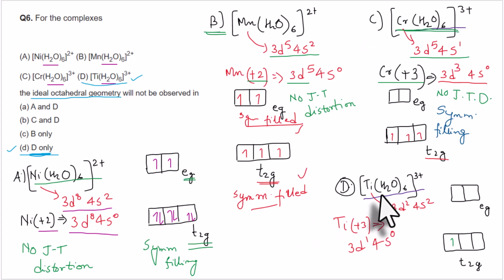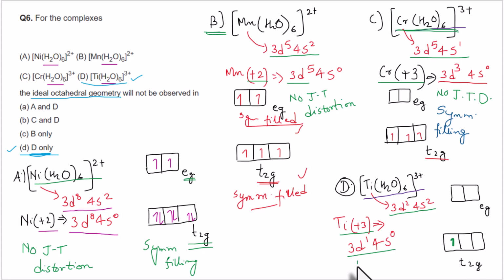So this chromium complex will also show perfect octahedral geometry. Now moving on to the titanium complex. The titanium complex in the ground state has 3d2 4s2 valence electronic configuration, and in the +3 oxidation state it will show 3d1 4s0. So this one and only electron gets accommodated in the T2G orbital. As we can see, there are three T2G orbitals containing one electron.